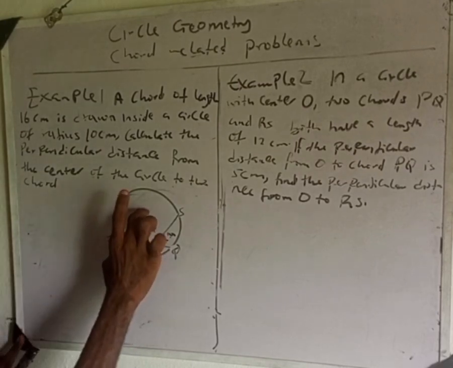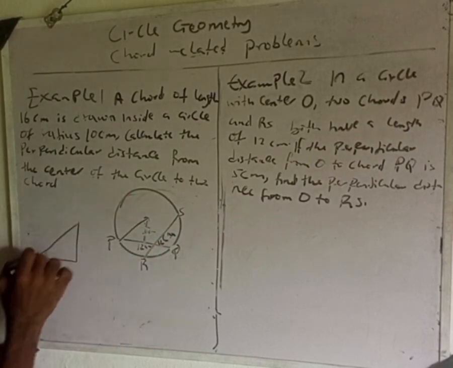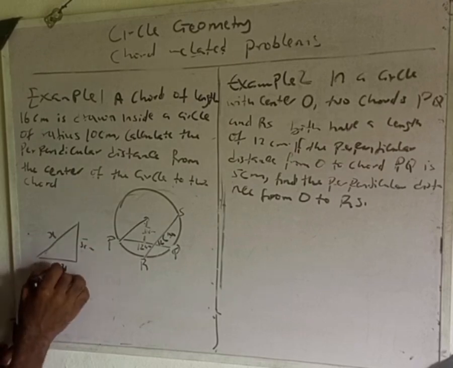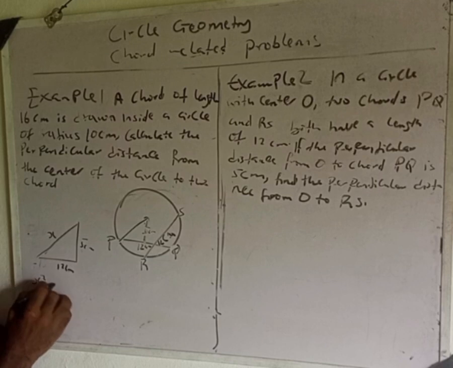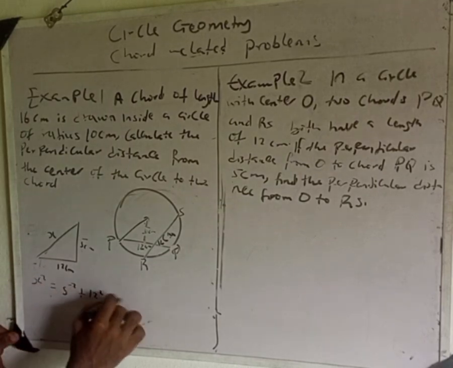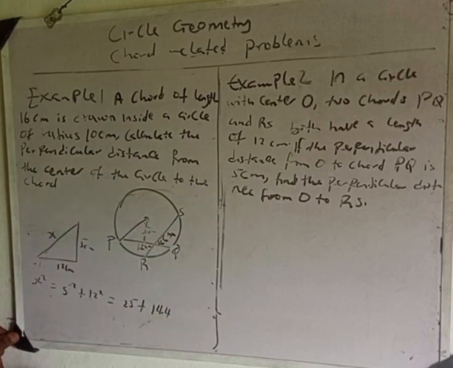So if I bring out this one, I'll have something like this. Let's call this x. I have 5 cm here, and I have 6 cm here. So at the end of the day, I'll have that x squared is equal to 5 squared plus 6 squared, which is the same thing as 25 plus 36, which is 61.